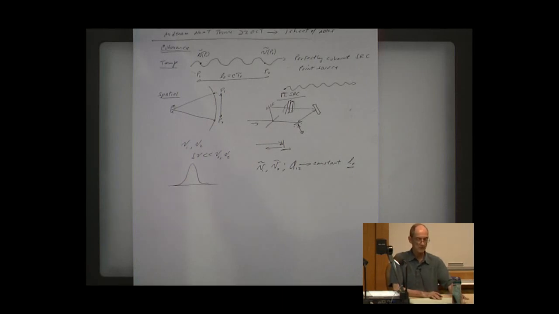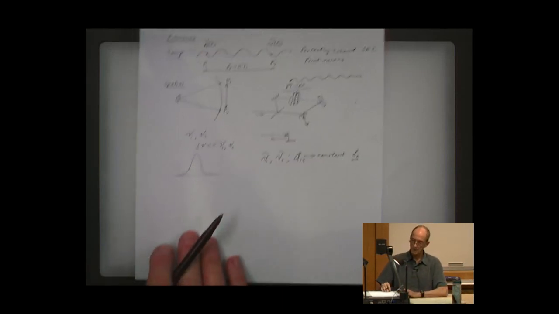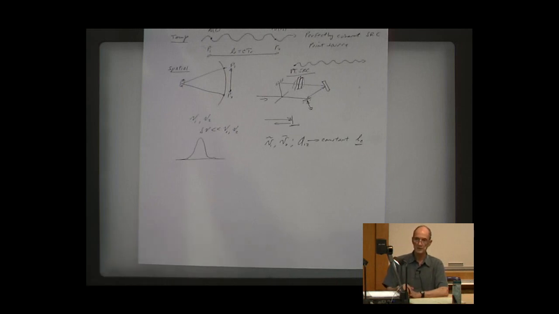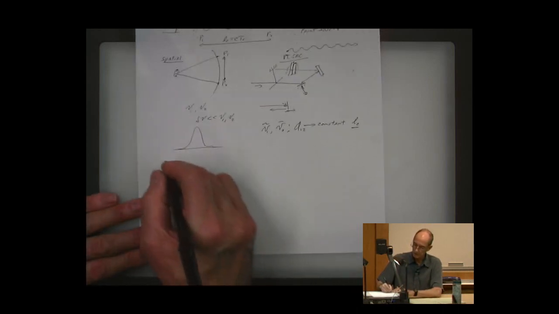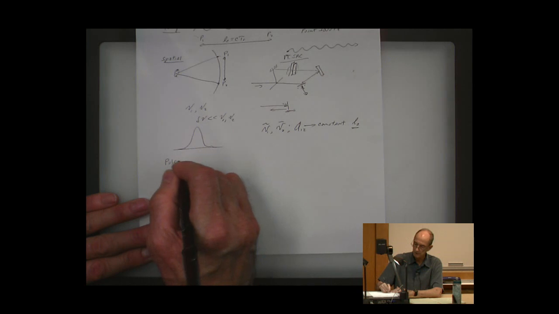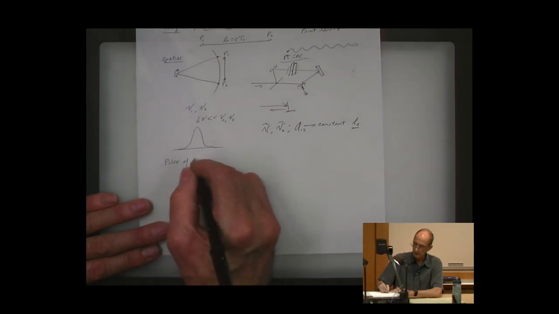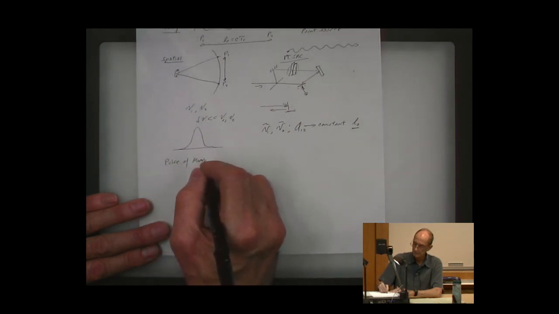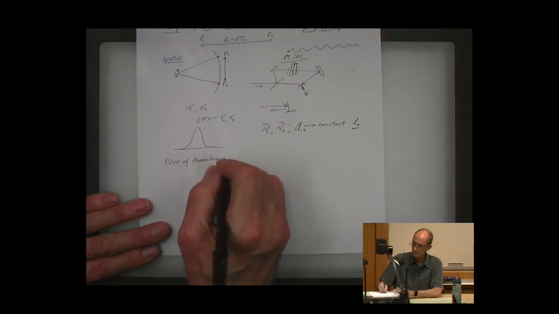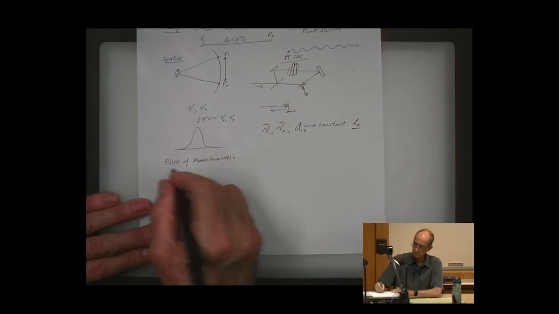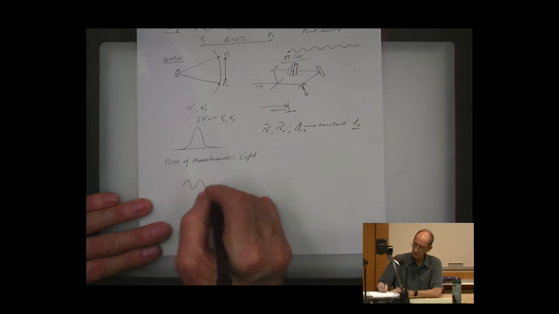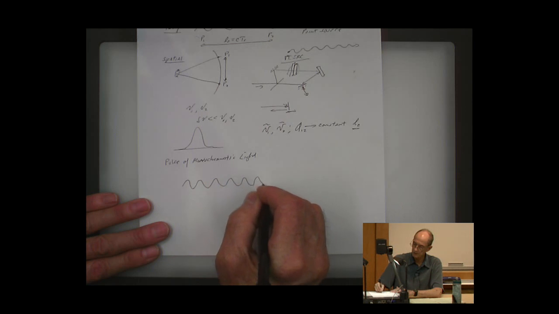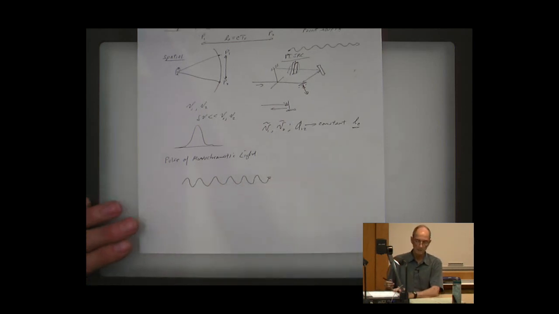So let's continue to look at this by considering different types of field emissions from a source. We started looking at this last time. Let's look at a pulse of monochromatic light. We have a field which emits a single frequency or single wavelength light.